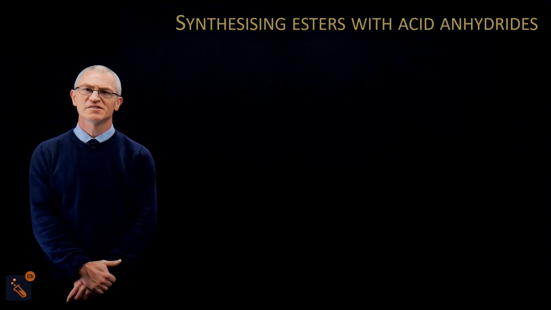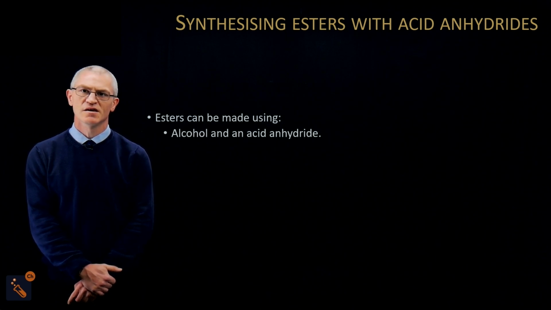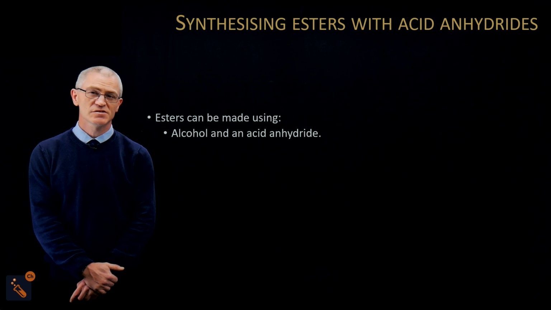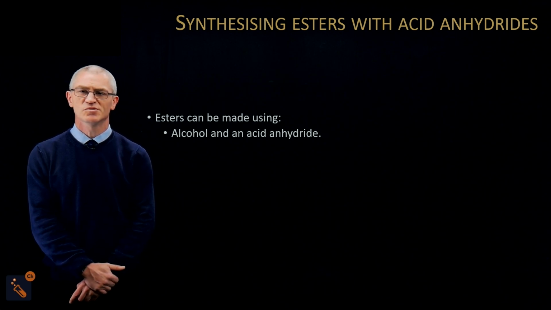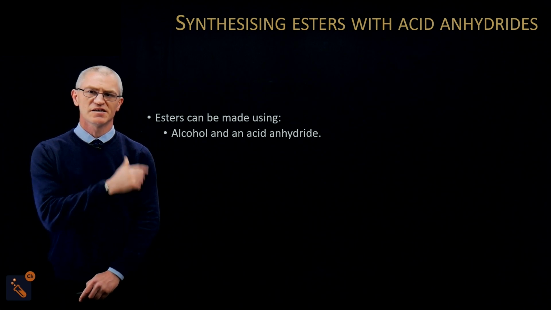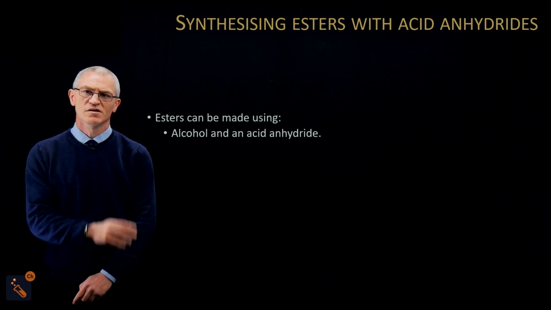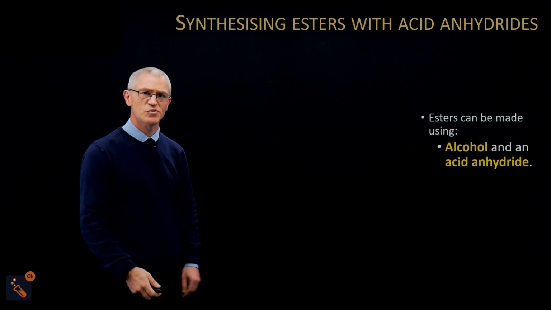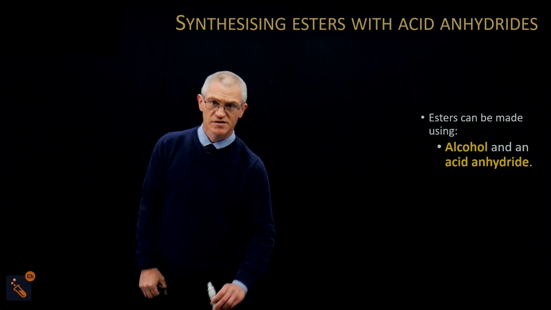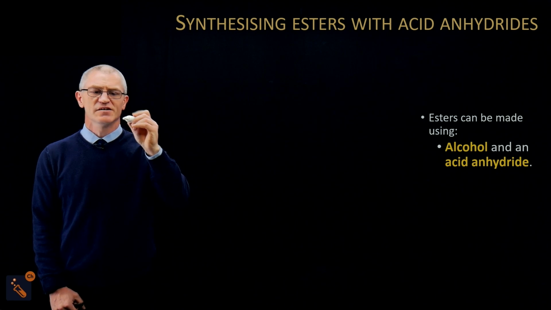The next way of making esters is to make them with acid anhydrides. Acid anhydrides are very similar in reactivity to acyl chlorides, so there's no need to do it at a higher temperature, reflux. You can just add the acid anhydride to the alcohol. So we do an example, and the example we're going to do is going to take something called butanoic anhydride.